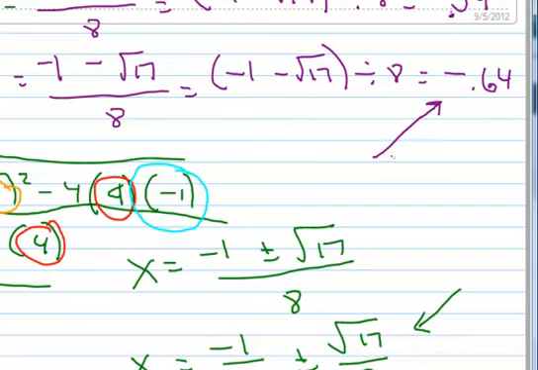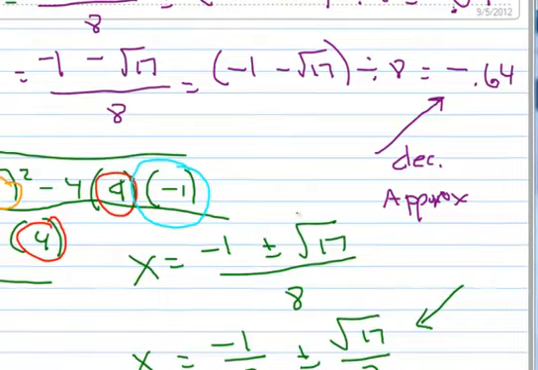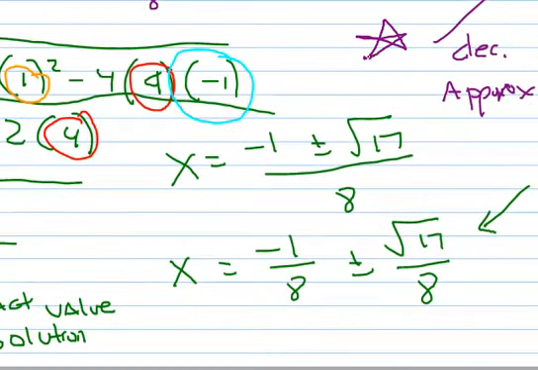So these are decimal approximations. And down here, of course, was the exact value solution. It depends on the problem. The problem might say express your answer to 2 decimal places. Well, then you're going to use decimals. It might say express your answer in exact value, and then you're going to leave it in this form. Okay? So this is the end of this example.